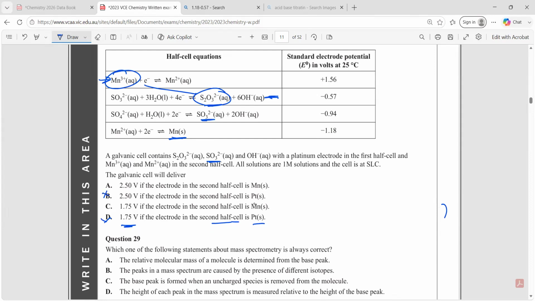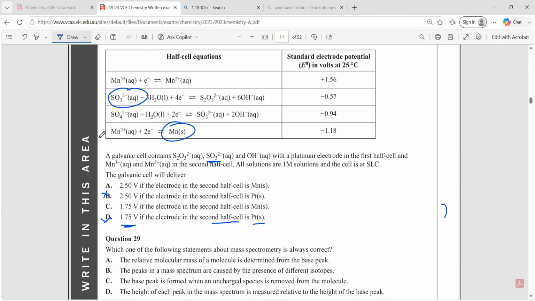If it's manganese, then the manganese would suddenly be the strongest, because it's the lowest, is it not? So it'd be that, and then it would react with the SO3 2 minus. Or unless, no, yeah. It'd be these two. So wouldn't it be minus 0.57? Or is there some sort of thing that I'm missing?